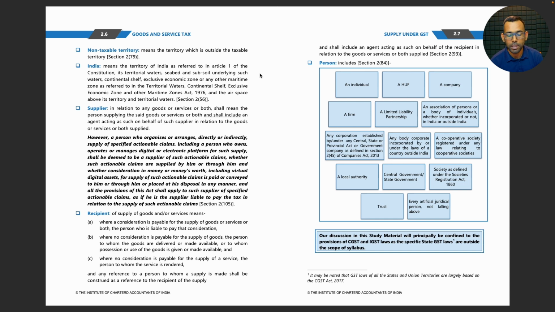Section 2 clause 56. Okay, who is a supplier? Supplier in relation to any goods or services or both shall mean the person supplying the said goods or services or both, and shall include an agent acting as such on behalf of such supplier in relation to the goods or services or both supplied.